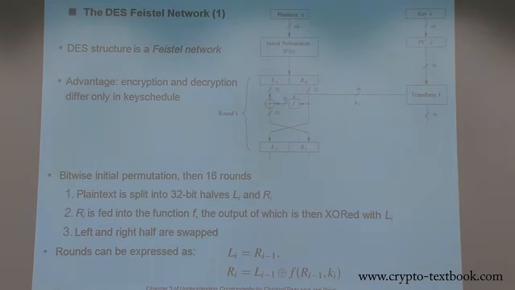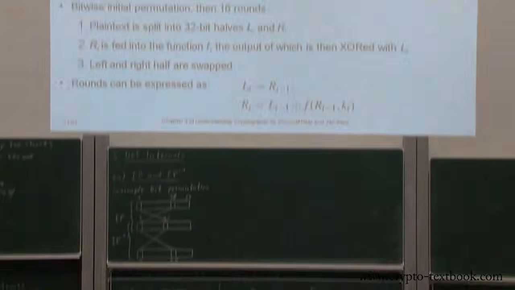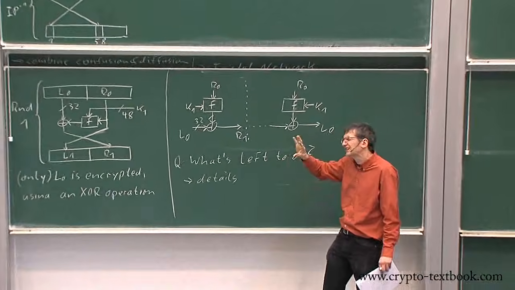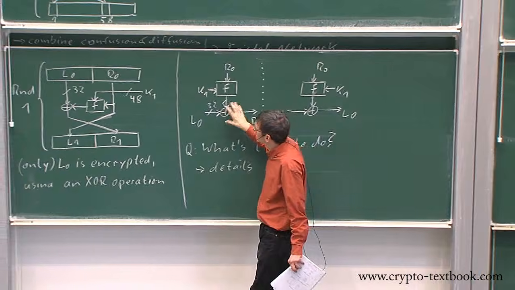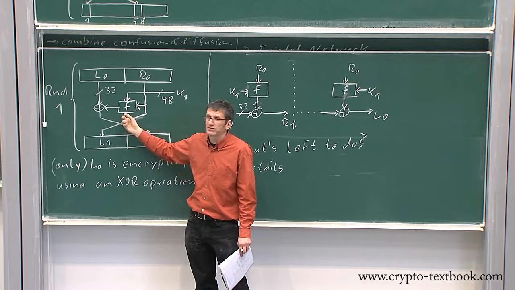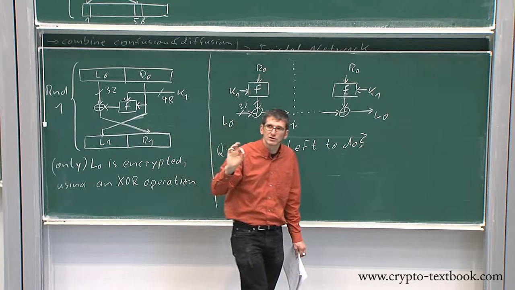We did the high-level description. This was the Feistel network we already did, somewhat related to stream ciphers, where we add a random mask. So what we would like to know is, how does the F function look in detail?